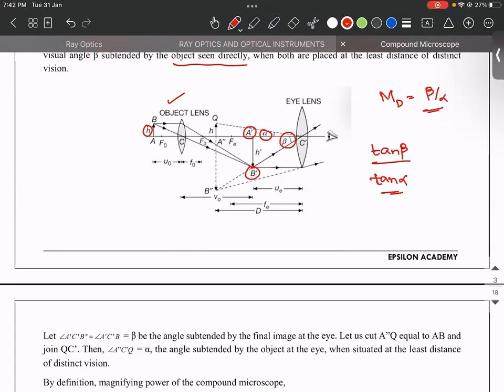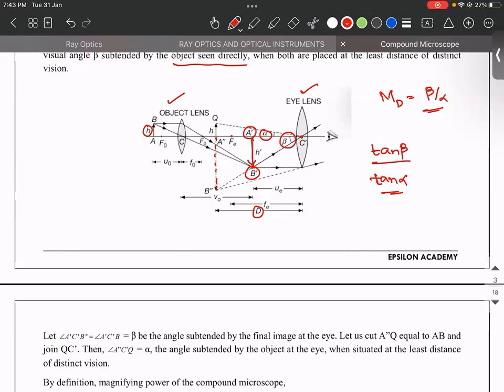It is formed between the focus of the eyepiece and the optical center of the eyepiece. This image acts as an object for the eyepiece and produces a further magnified image A''B'' at the least distance of distinct vision from the eye lens.